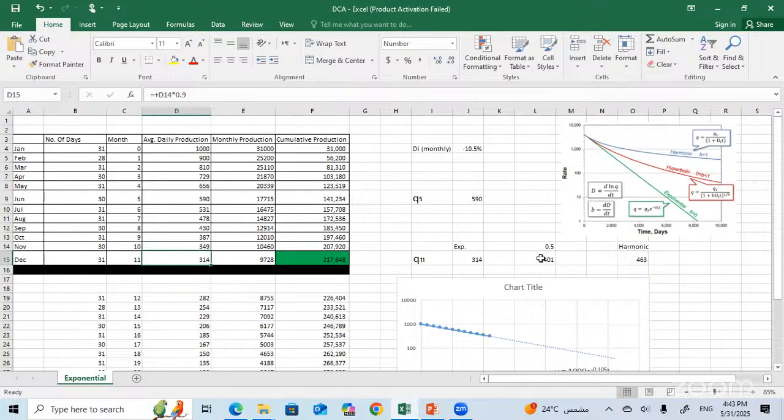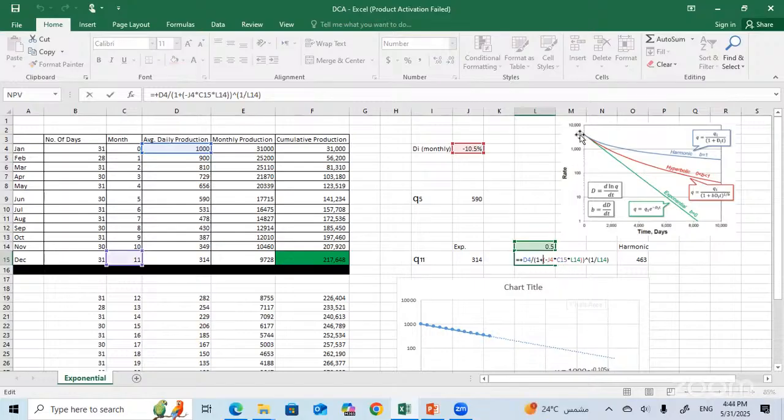And if I deal with hyperbolic, we have a factor called B, and B depends on how gently the decline will be. It's like harmonic when B equals 1, or exponential when B equals 0. It's about how gentle it will be. So as an example here, I assume that I have B equal to 0.5.